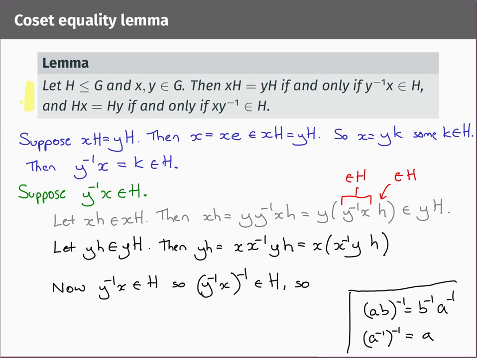So y inverse x to the minus 1 is x to the minus 1 times y inverse inverse, which is just y again.